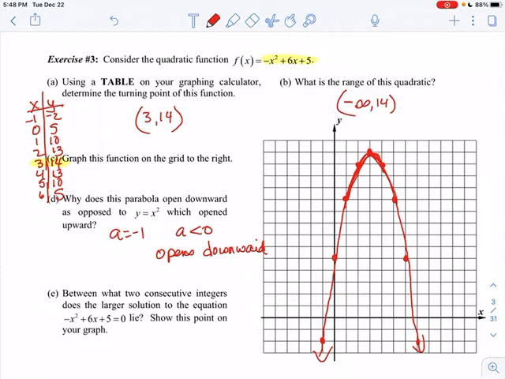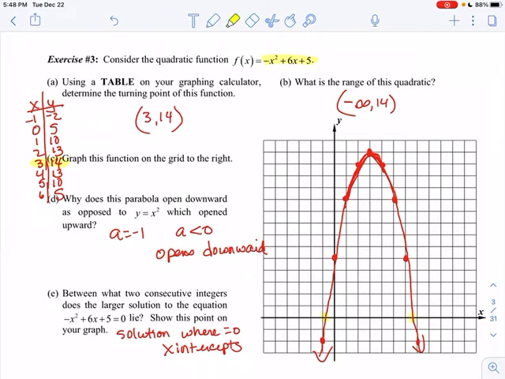Between what consecutive integers does the larger solution to the equation lie? Show this point on your graph. Okay, so a solution is where it's equal to 0. So it's basically your x-intercepts are your solutions. So my solutions are going to be here and here.